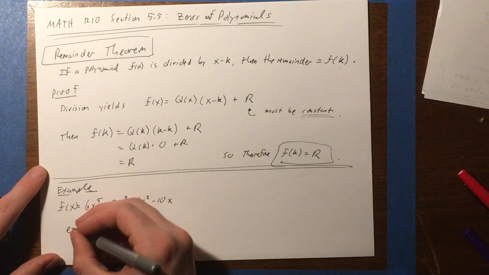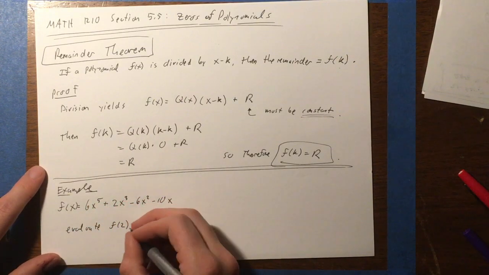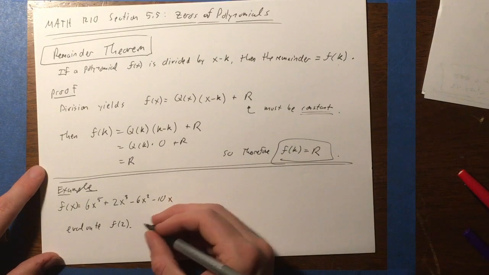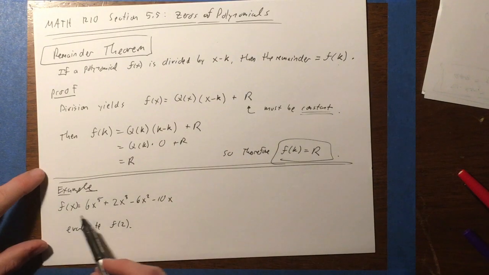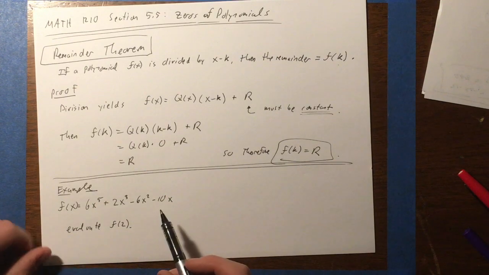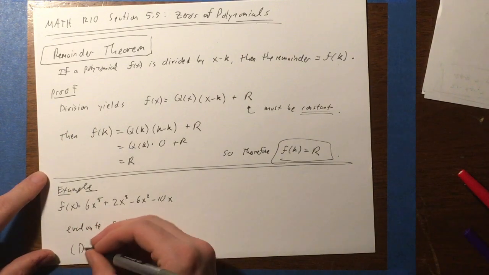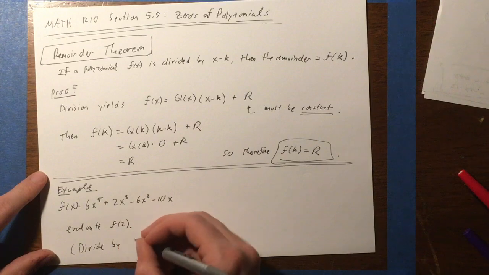Let's evaluate f of 2. We're going to use the remainder theorem. So we could just stick 2 in there, sure. But we can also use the remainder theorem to evaluate this. Instead of actually evaluating f of 2, we're going to divide by x minus 2.